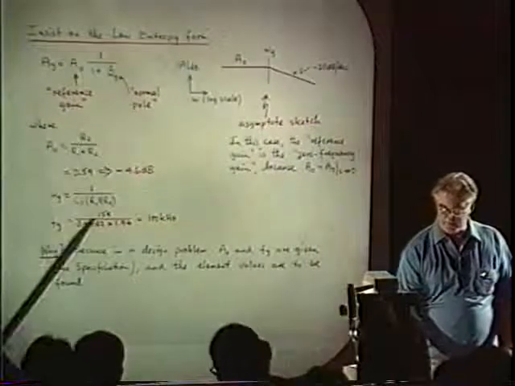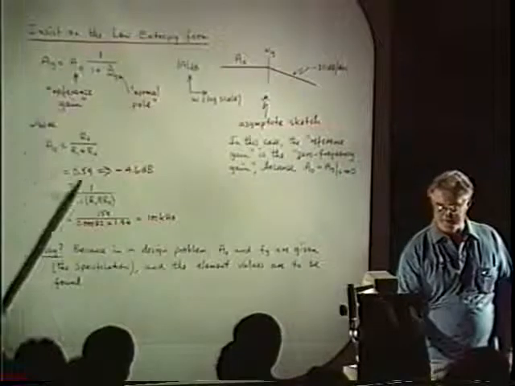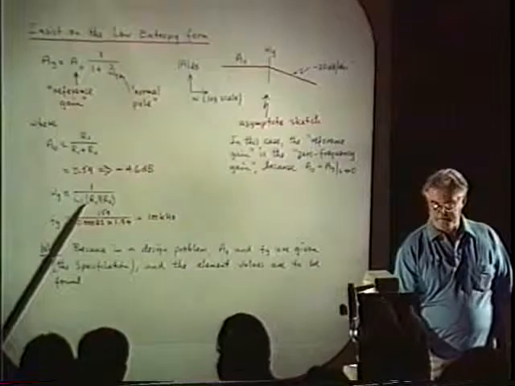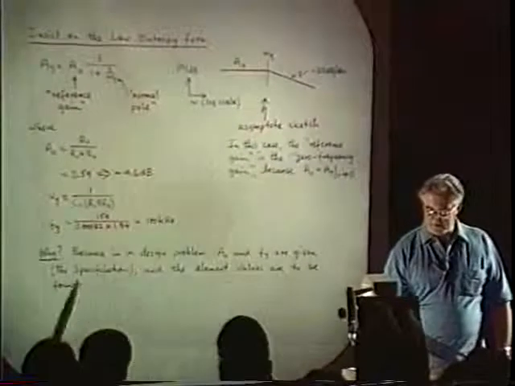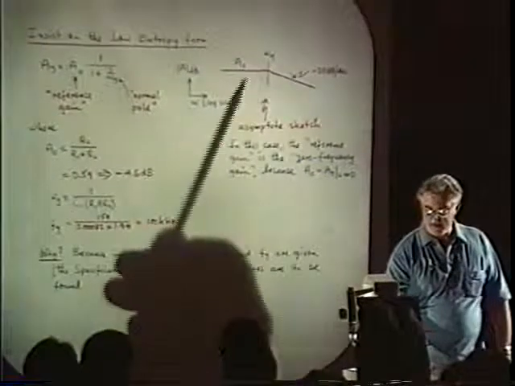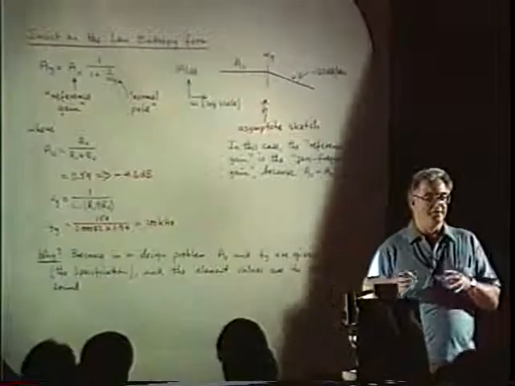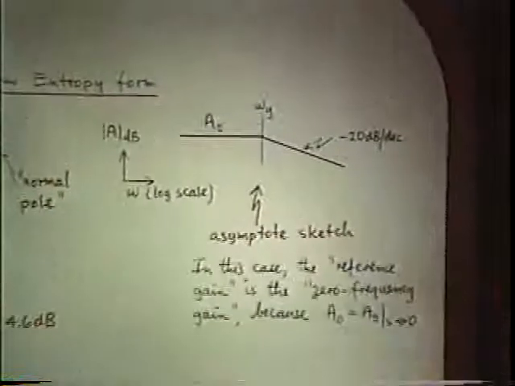Those equations below are a listing of the definitions of these parameters in terms of the original circuit elements. Again, this is design-oriented because usually the design problem is you're given the gain and you're given the corner frequency. Or if it's internal to a larger design problem, these are quantities that you need to establish for some other purpose.